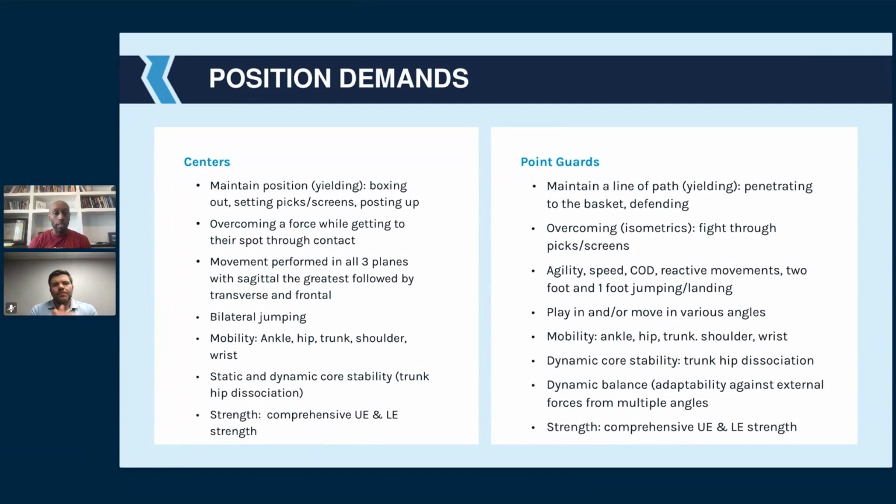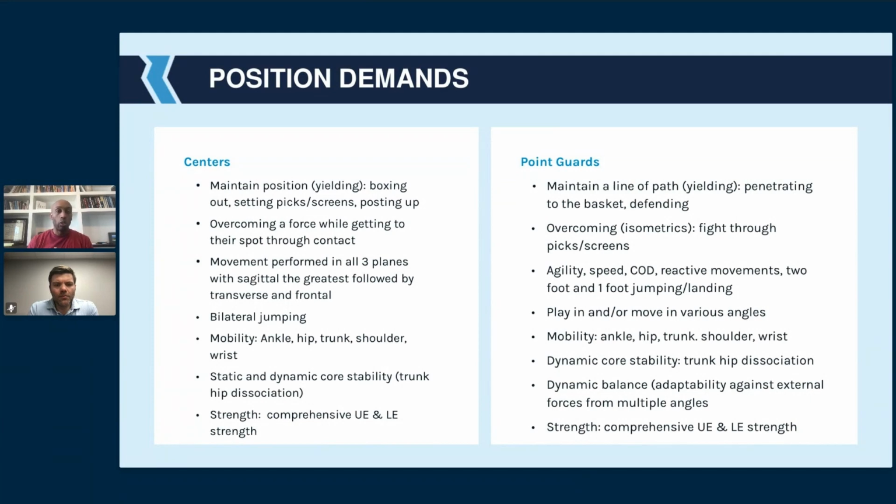And landing that way. Whereas your big men are, for the most part, going to be in a squat position, and they're jumping from a quarter squat up and down, usually bilaterally. Now, they do layups, single leg, right? Hops, jumps. But for the most part, if you watch a big man, or I should say a center or forwards, most of their jumps are bilateral, right?